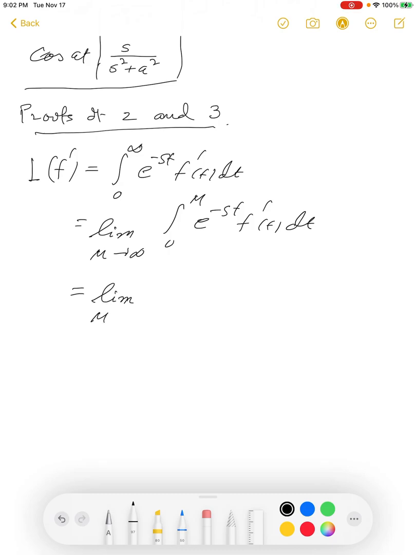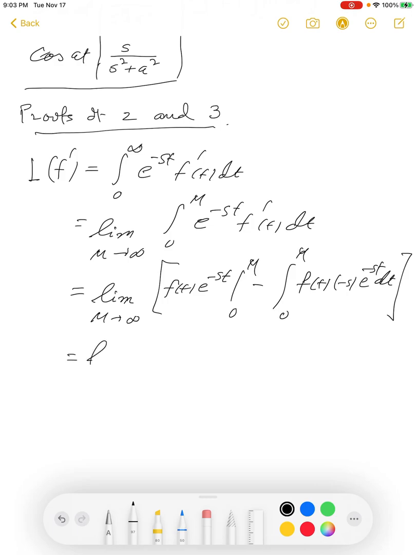So the integral of f prime is f times the other function from 0 to m, minus the integral of the integrated function, which is f(t), times the derivative of the other, which is minus s times e to the minus st dt.